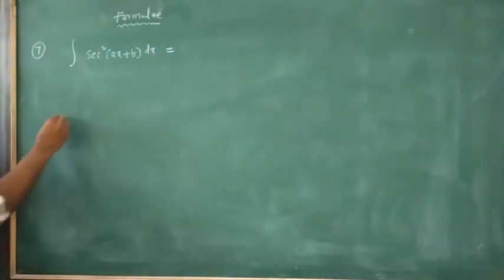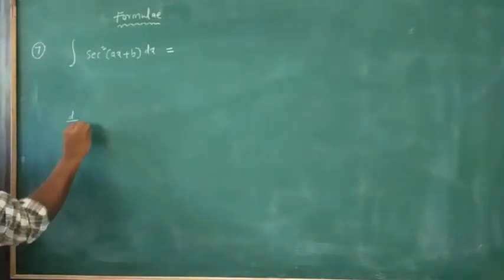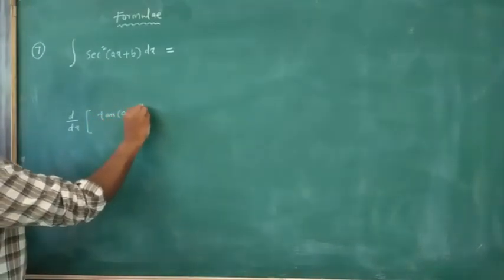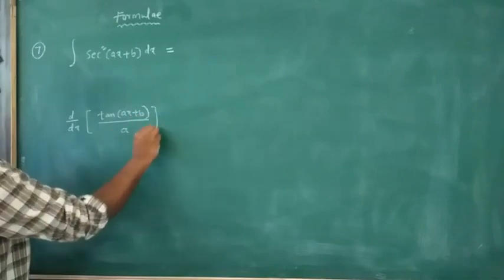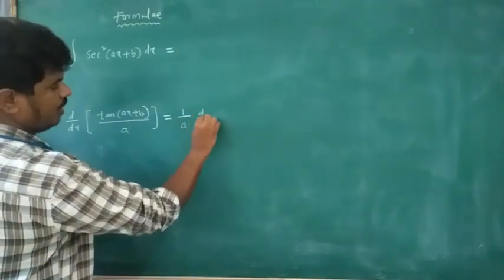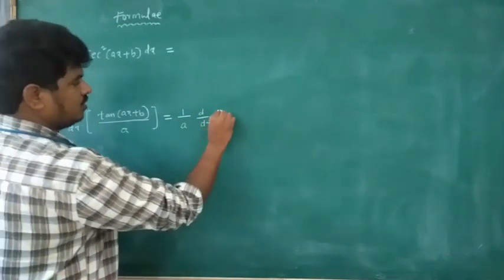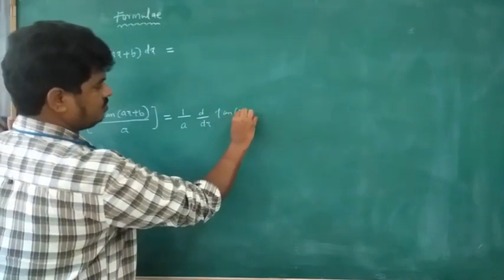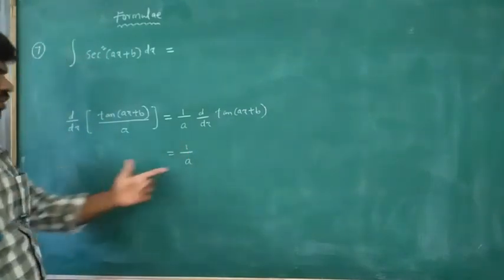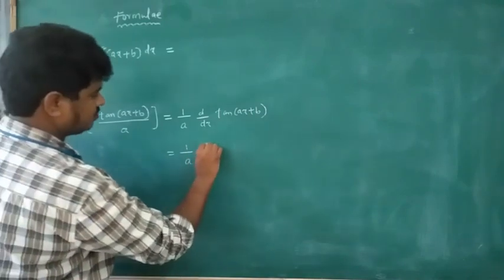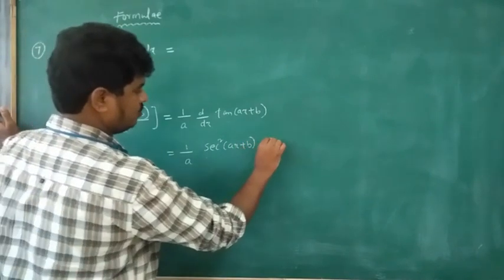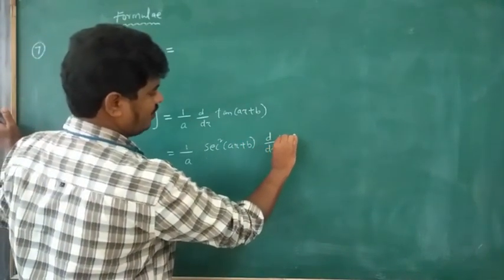Here I am going to find the derivative of tan of ax plus b divided by a, that is equal, a will be taken outside, 1 by a into d by dx of tan of ax plus b, that is equal to 1 by a into the derivative of tan of ax plus b, which is the secant square of ax plus b into d by dx of ax plus b.